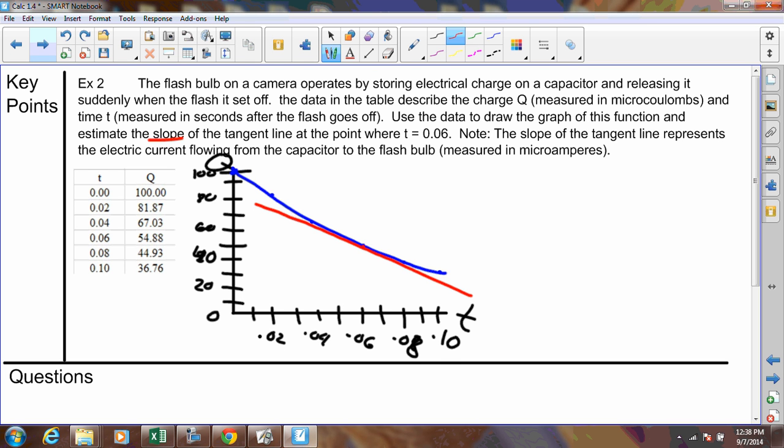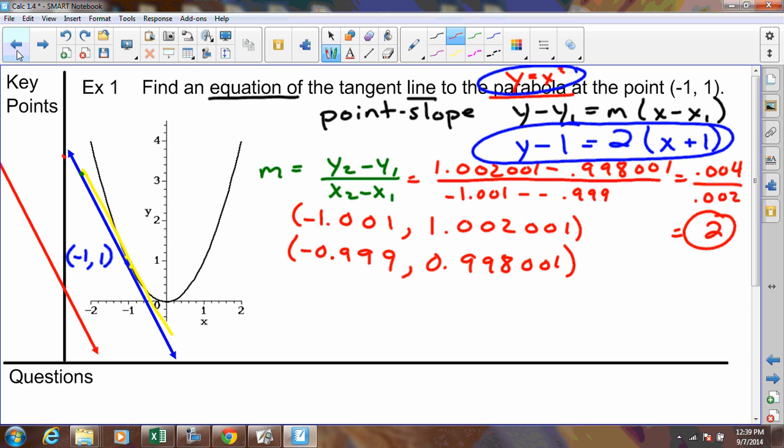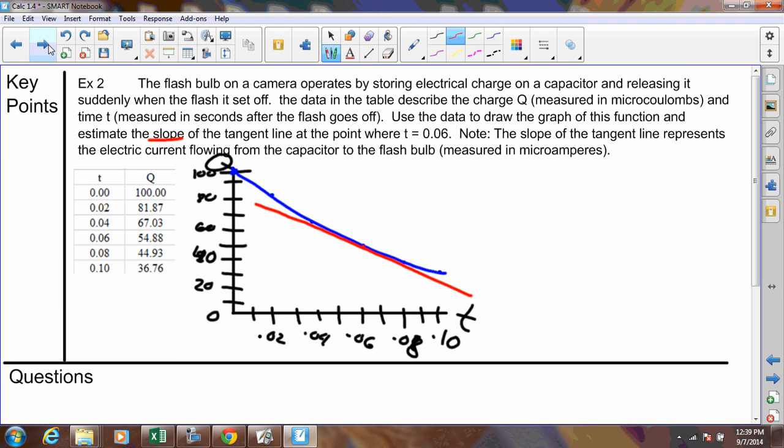We need to have an estimate for it. And the big problem is we don't have an equation. In the last problem, we used the equation to start crunching these numbers. We don't have that now. So we're at a bit of a disadvantage.